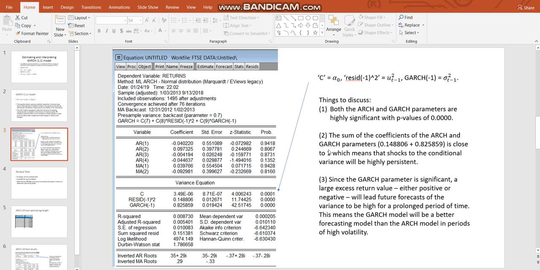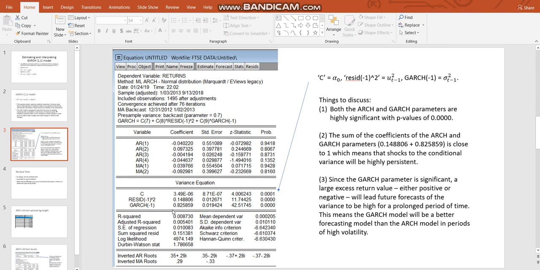And then also a second thing you can talk about is that the sum of the coefficients, now look here, 0.1488 plus 0.8258, or 59 actually if you round up, if you add those together, the sum of those two coefficients is very close to 1. And so what that means is that any shocks that are experienced by the conditional variance will be highly persistent.